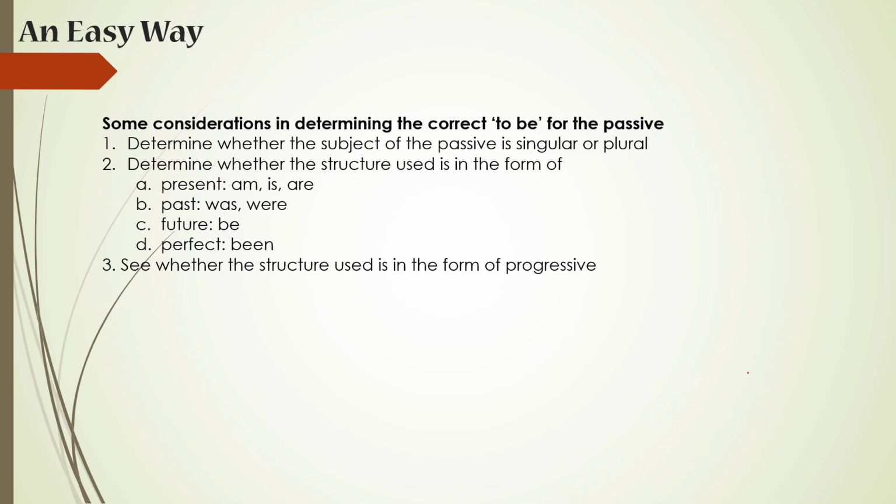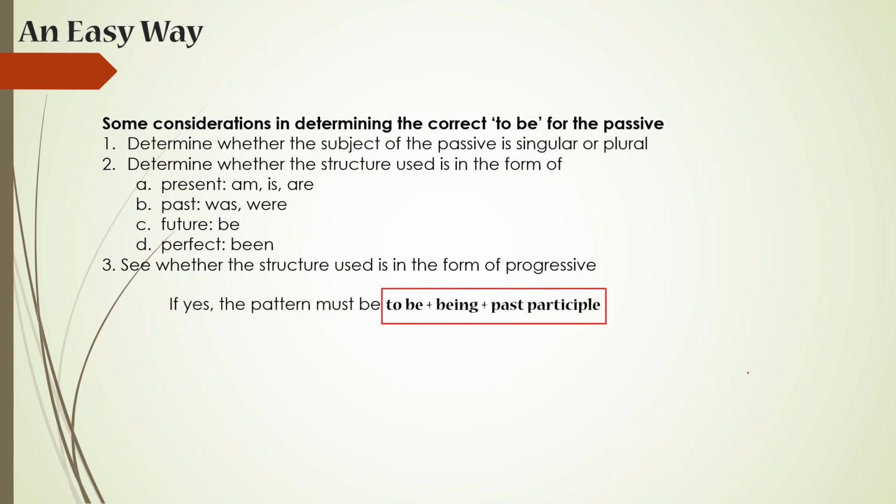And then the third way, see whether the structure used is in the form of progressive. If the structure that is used in the active sentence is in the form of progressive, you must add being after the to be. If yes, the pattern must be to be, being, and past participle.